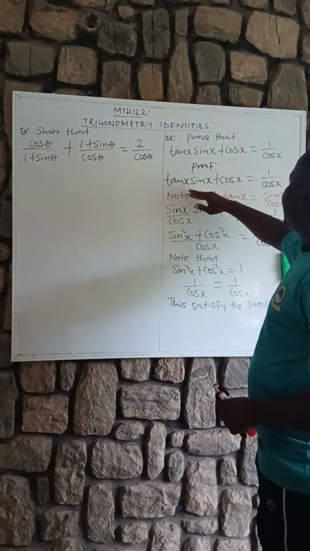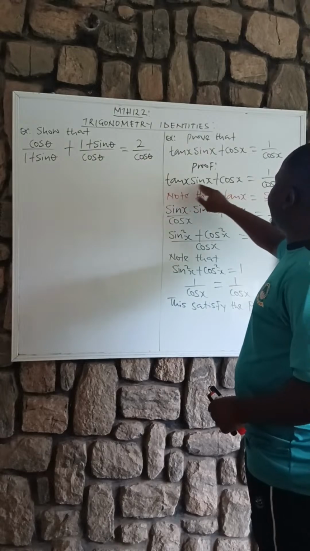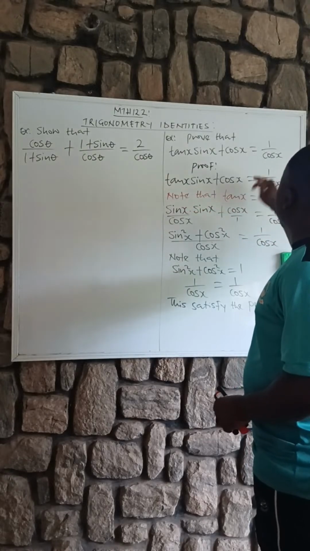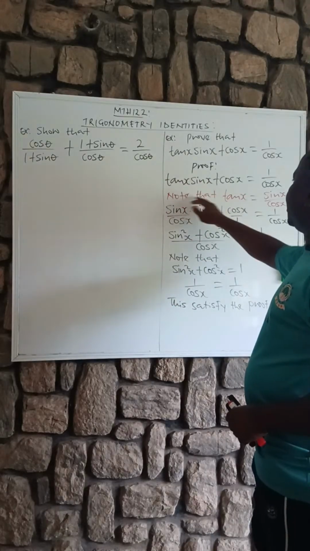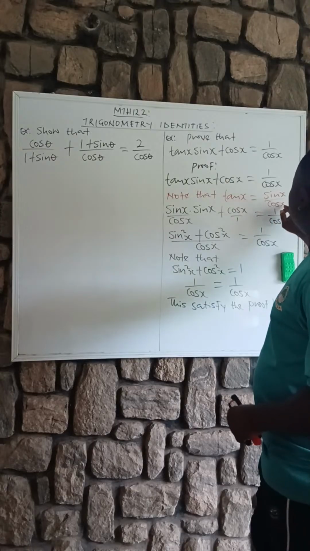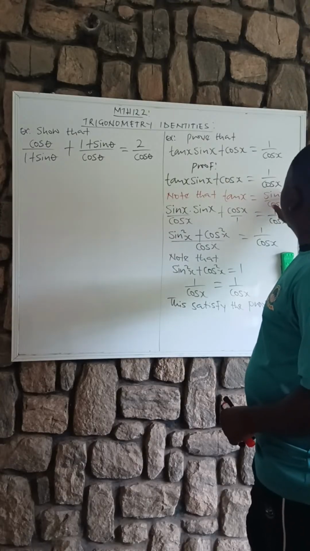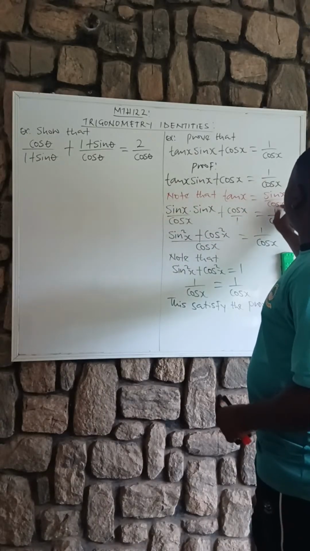Look at it. Solomon, listen, we are asked to prove tan x times sin x plus cos x equals 1 all over cos x. What we need to do is note that tan x is equal to sin x all over cos x. So instead of writing tan x, we replace it with sin x all over cos x.